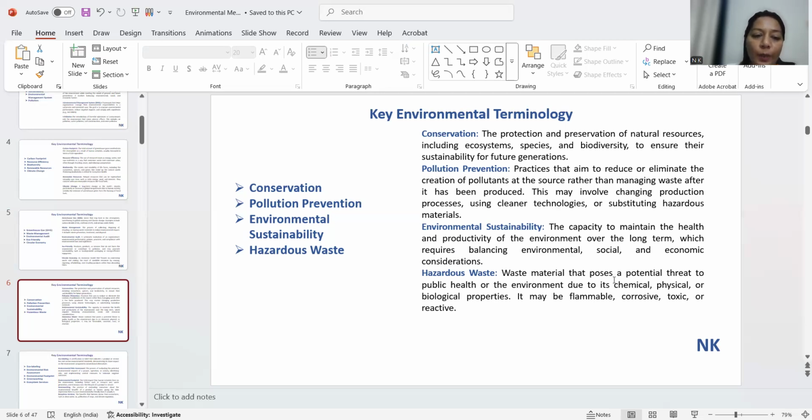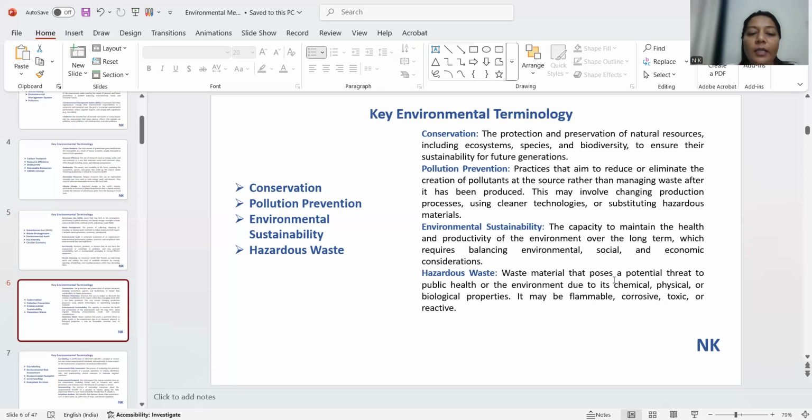When we talk about hazardous waste, it is material that possesses a potential threat to public health or the environment due to its chemical, physical, or biological properties. It may be flammable, corrosive, toxic, or reactive.